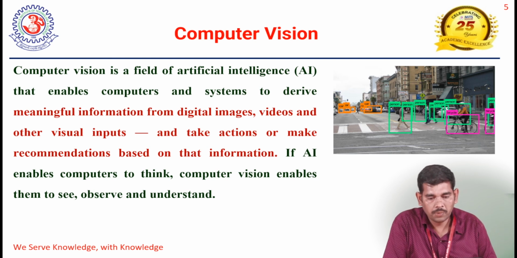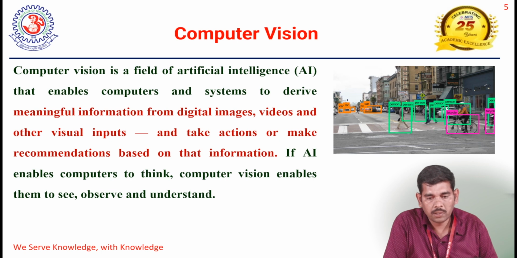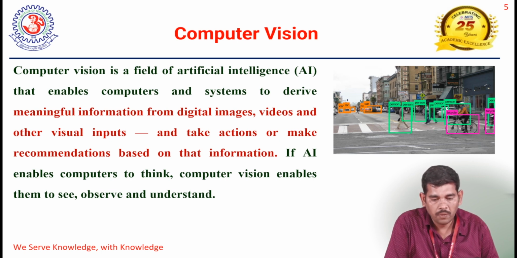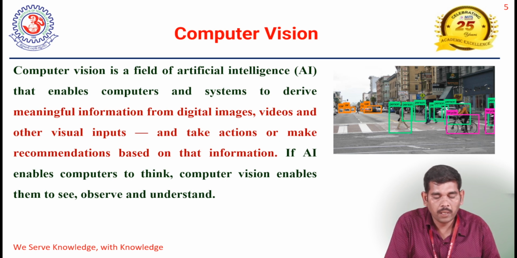Computers and systems derive meaningful information from digital images, from digital cameras or mobile devices, anything. You take visual inputs and process them with computer vision algorithms. I already discussed that OpenCV is the Open Computer Vision Libraries. If AI enables computers to think, computer vision enables them to see, observe and then understand.